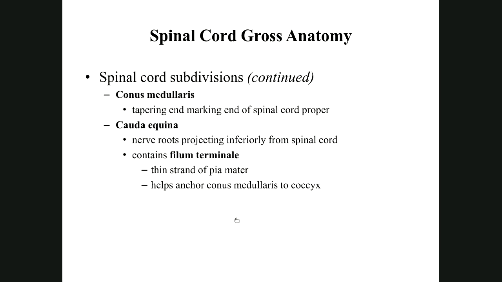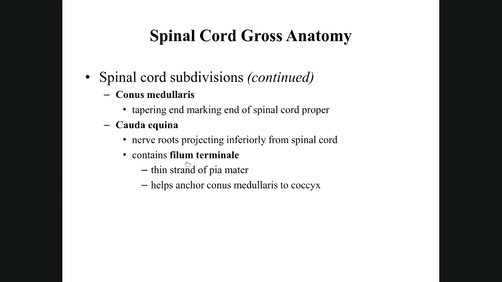As I mentioned, the point at the bottom of the true spinal cord is the conus medullaris, and that stops around L1. And then we're going to have cauda equina. And so tail of the horse, this is going to be all of those spinal nerves that come out below the conus medullaris, all the way down to the sacral region. And one of those components is called the filum terminale, or filum terminalis.